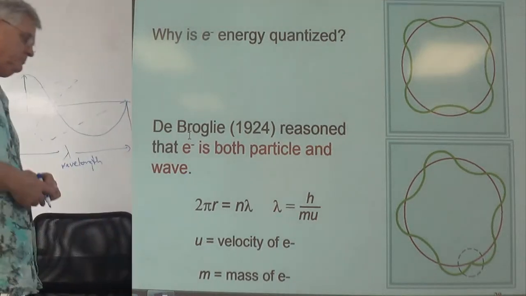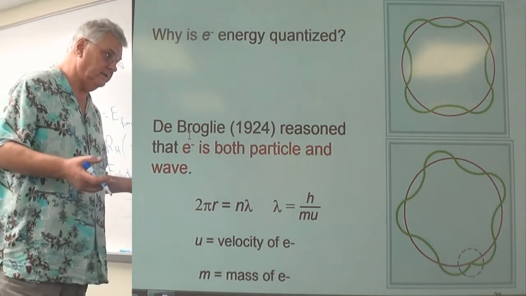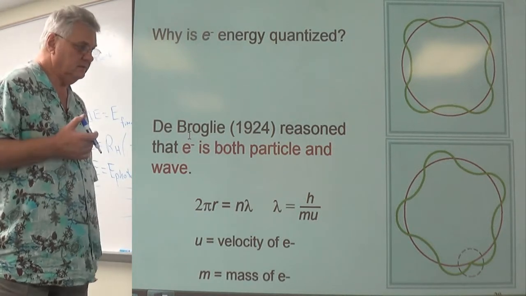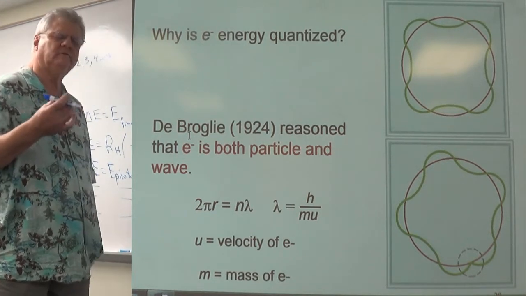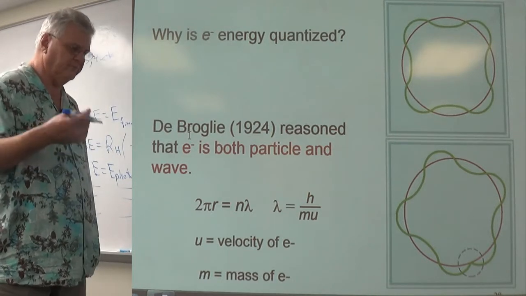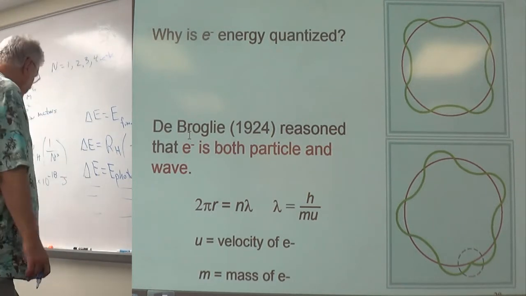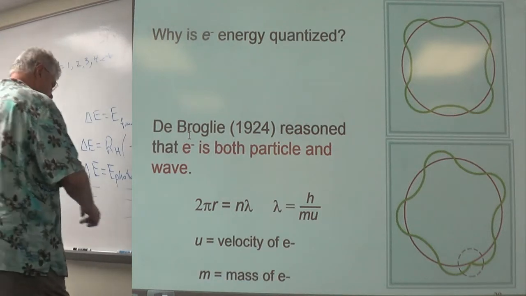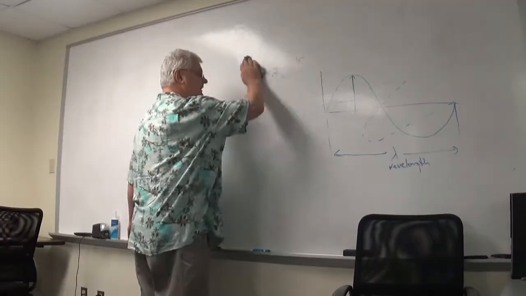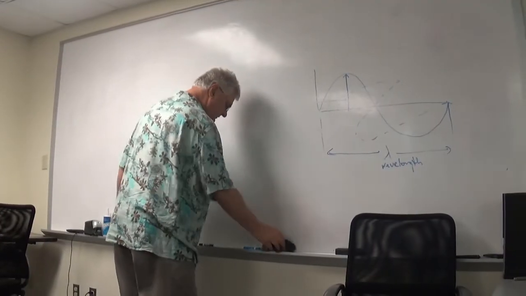and de Broglie proposed, and it was experimentally demonstrated, that if photons of light have both wave and particle properties, perhaps small particles of matter have both particle and wave properties. And this is called the de Broglie wavelength.